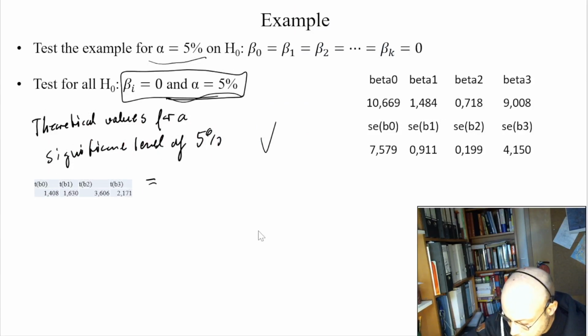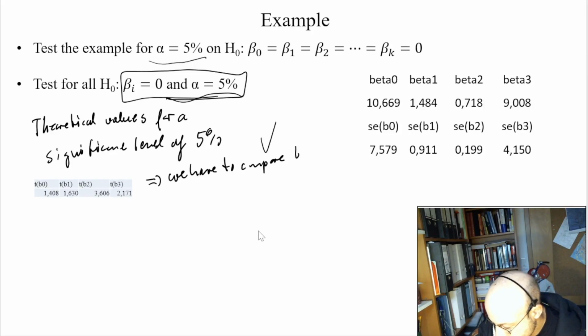So then we have to compare with 2.77, and this is t of 4 at 97.5%.